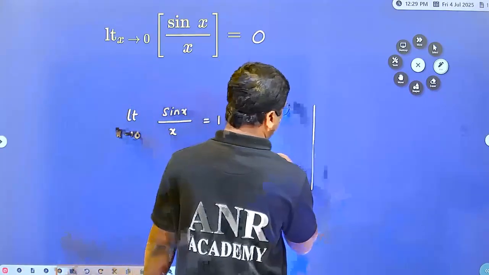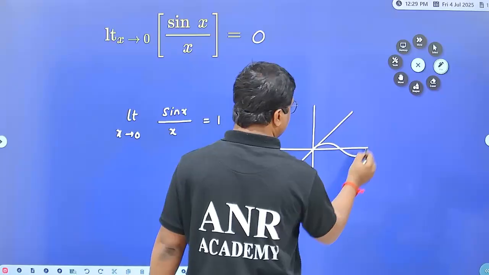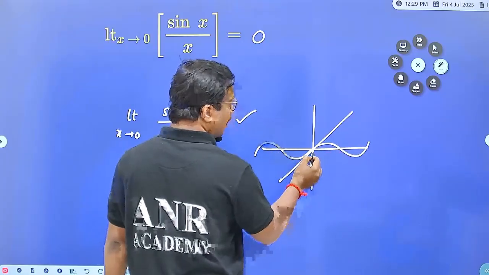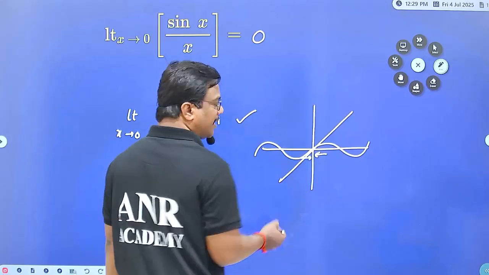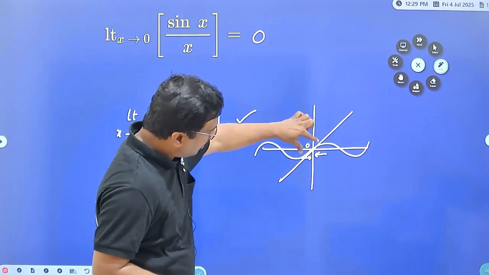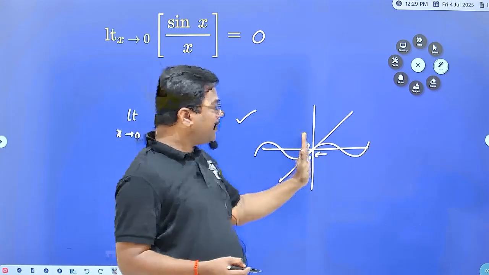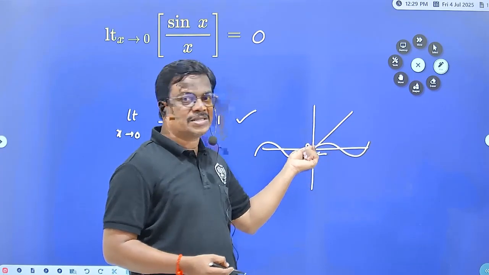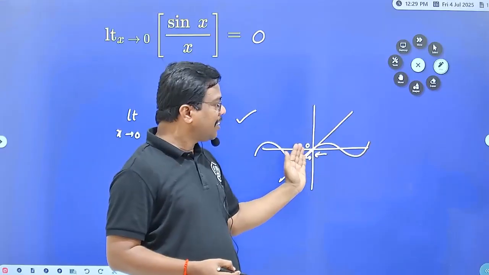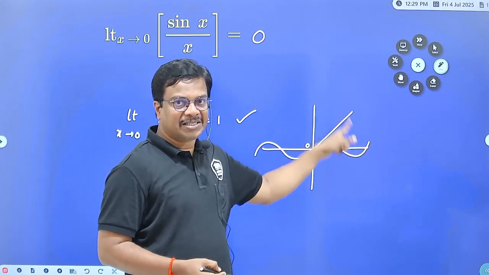You know that this is y equal to x and this is the sin x graph. As x extends to 0, either from the left side or the right side, both graphs are approximately the same. When the x values are large numerals, there is a long gap between y equal to x and sin x.